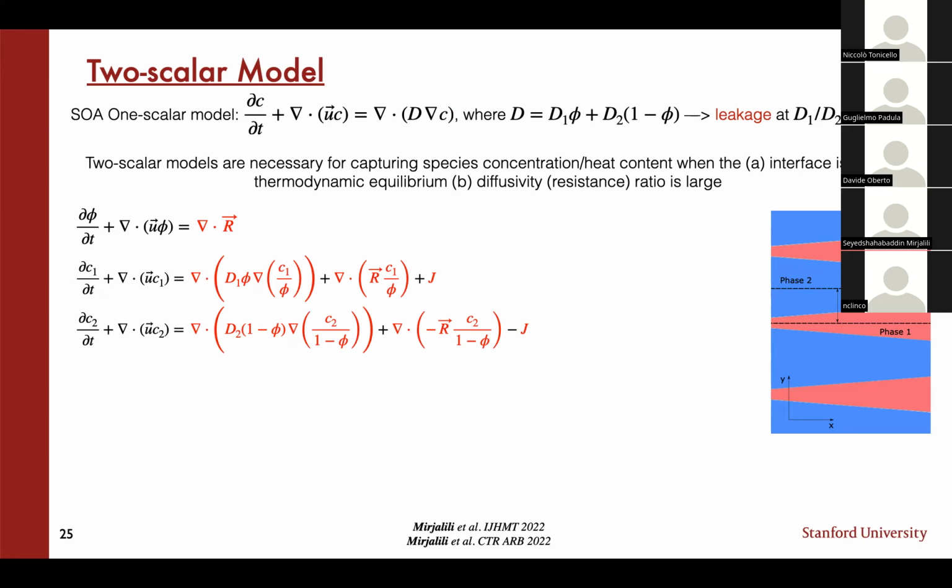And then you have three terms on the right-hand side here. So this is just advection, temporal derivative. This is the diffusive flux. So the diffusive flux has to be computed using the phasic concentration, weighted by the amount of that phase and the diffusivity in that phase. So if you look carefully at this, you can understand what's happening maybe. This is a consistency correction that enforces Galilean invariance.